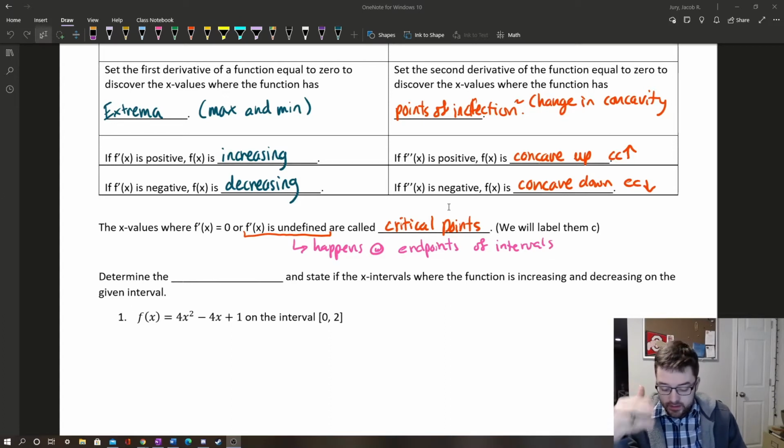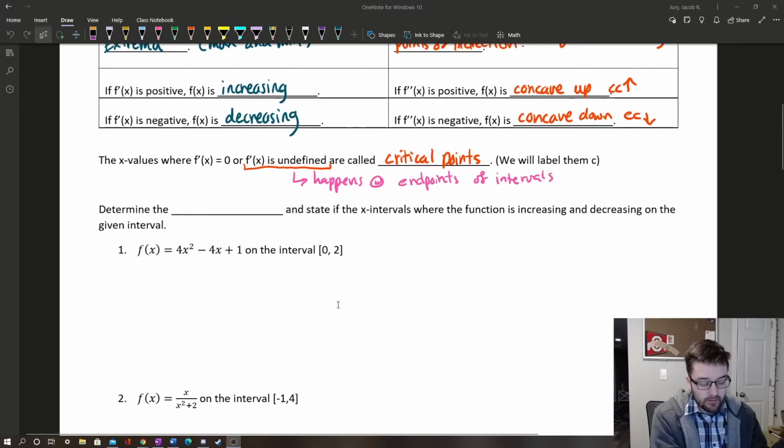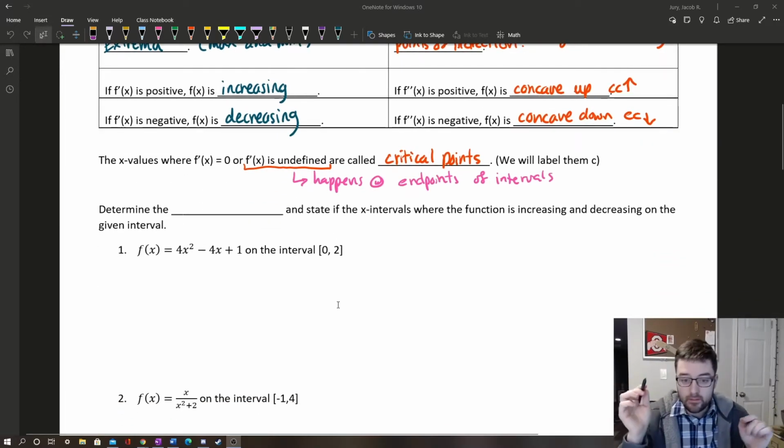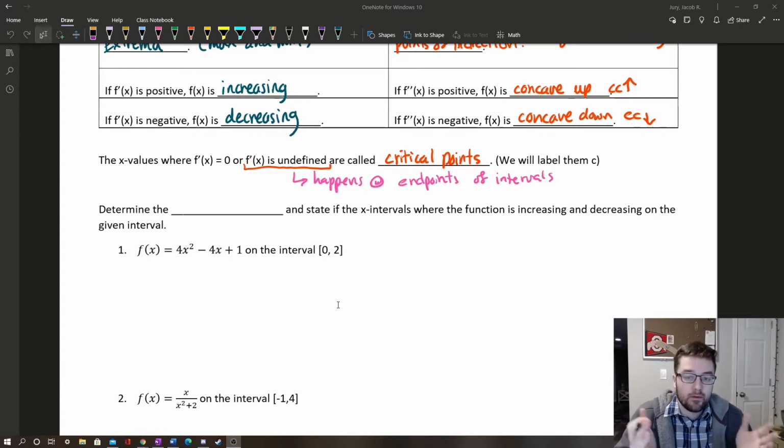So for example, for these next few functions that we're going to look at, for number 1, that quadratic there is only defined on 0 to 2. So it's like we're going to have just a little snippet of it. And you know from how we define a derivative that we use limits, and you can't take the limit at an endpoint.